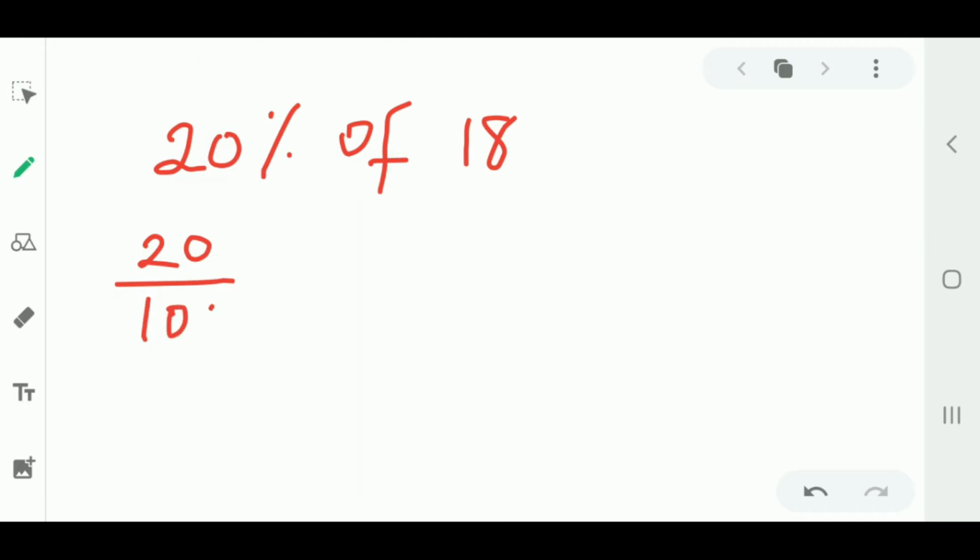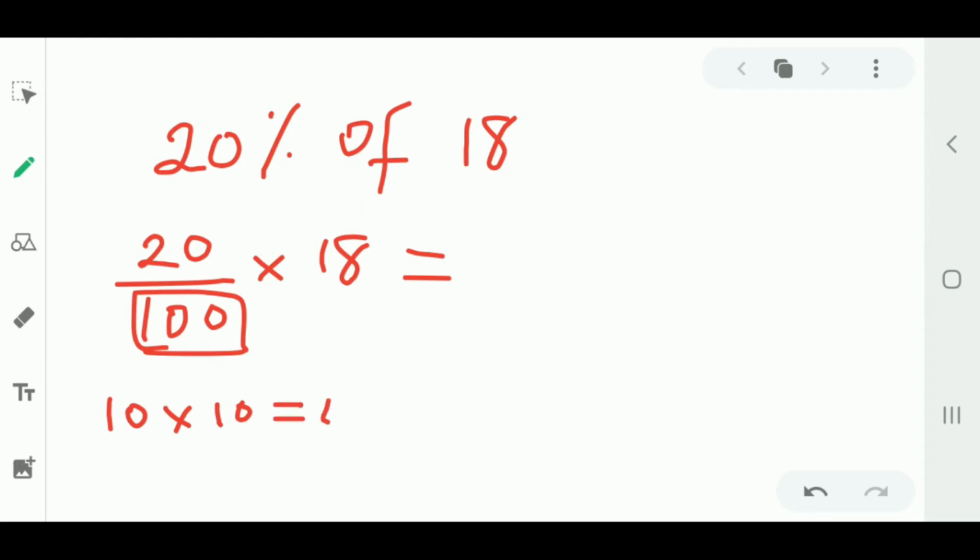So let's try a different type of percentage. Suppose we have 20% of 18. So that's saying 20 out of 100 times 18. What we could do is split the 100 in the denominator, because 10 times 10 is equal to 100. So you say 20 over 10 times 18 over 10.